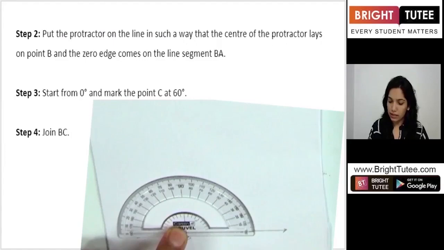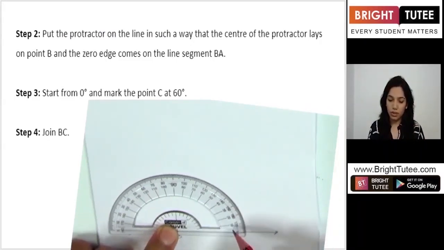Exactly here where you see the 0, we are going to read from here. Because we are reading from the right hand side, we are going to read from the inner end of the protractor, where you see these inner measurements given, not the outer one, because the opening of the angle is from this end.